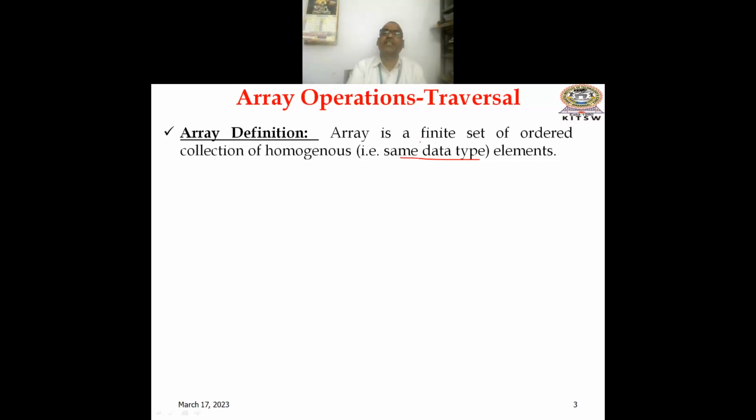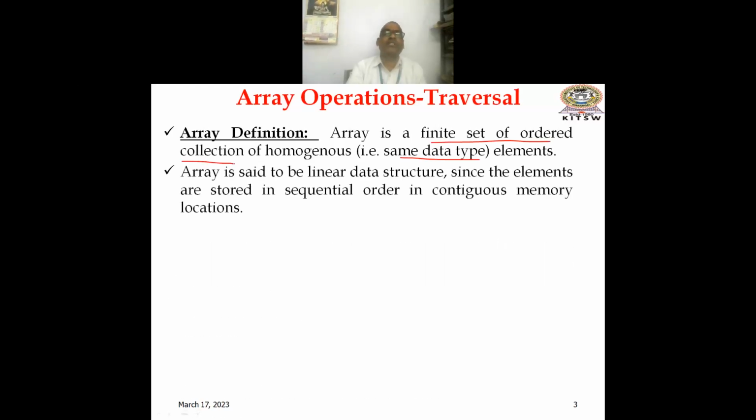And it is a finite set of ordered collection of elements. It is very important: ordered collection. Why? Because an array is said to be a linear data structure since the elements are stored in sequential order. That is the reason it is called an ordered collection. And these array elements are stored in contiguous memory locations.